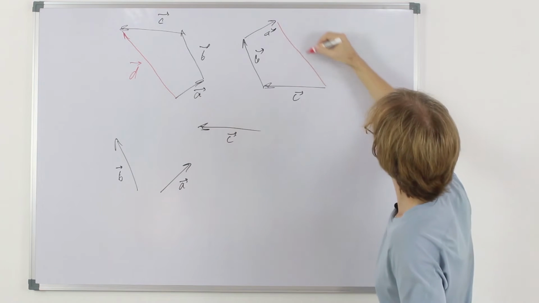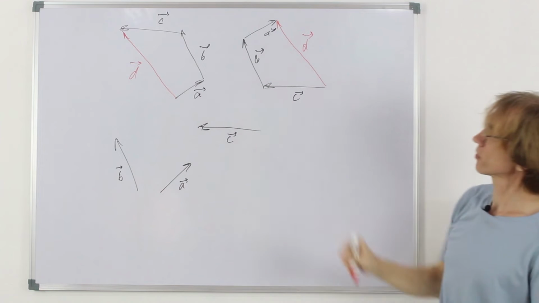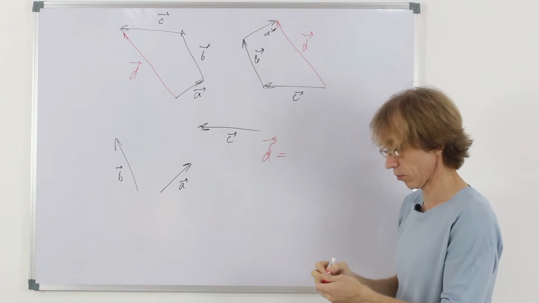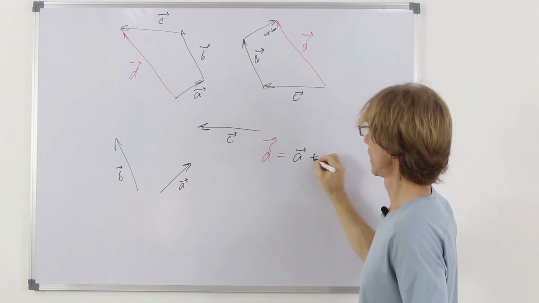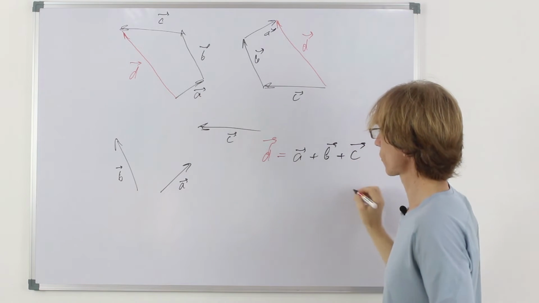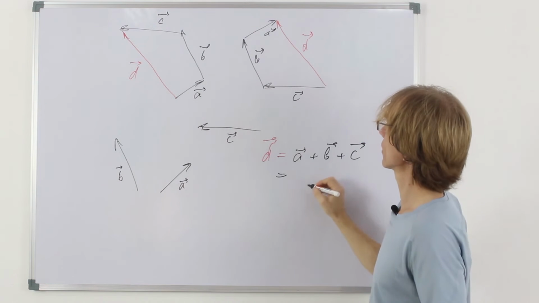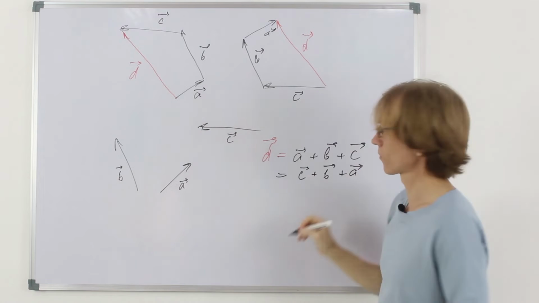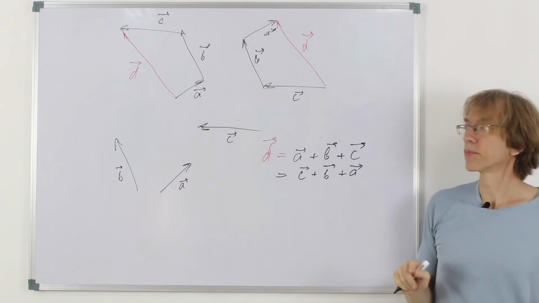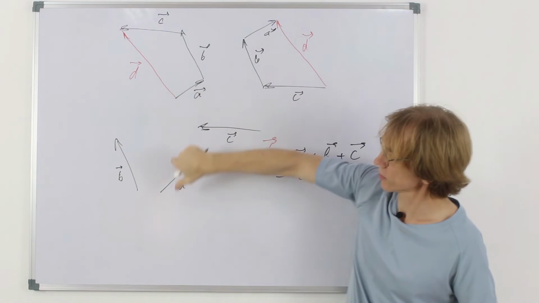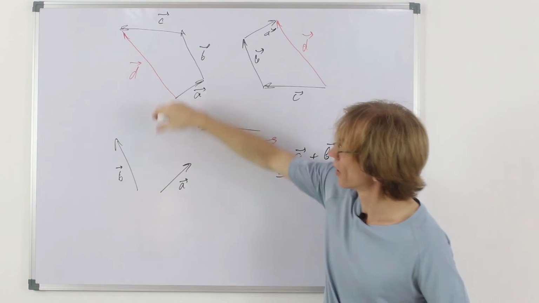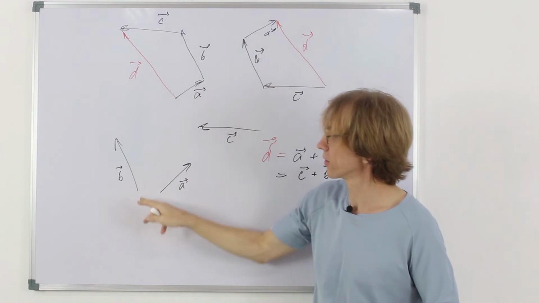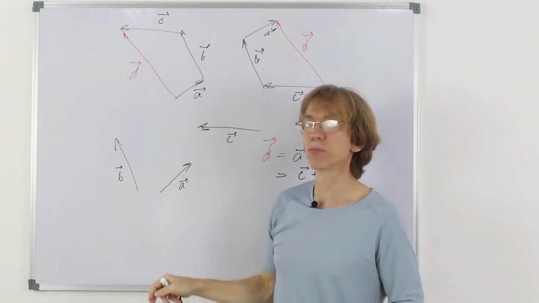The result is the same D. You see, nothing changed. So D is the sum of A and B and C, and you can put it in any order. It can be C, it can be B, it can be A. The result is the same. So that's how we draw it. If we have to add vectors, we put them in a chain, putting the base of one to the tip of another, and then we join the base of the first to the tip of the last.